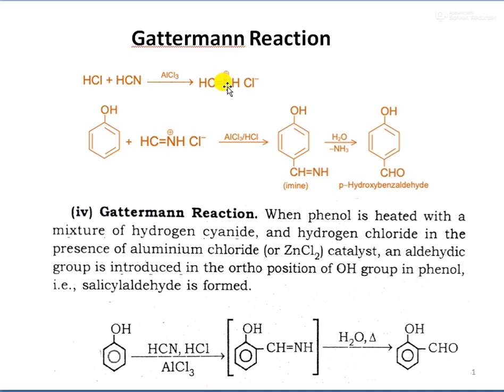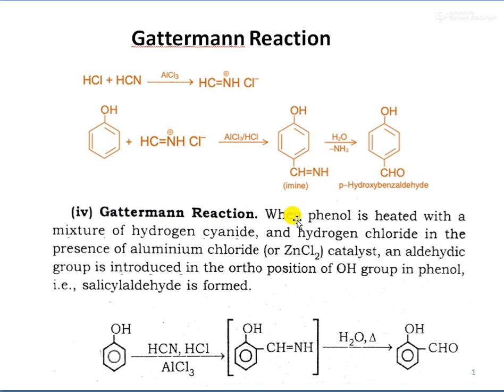Here nitrogen has a positive charge, and this positive charge will shift to the carbon when this bond is shifted to nitrogen. So this carbon part will come and attack the phenol ring. That is why we get an imine. The attack can occur either at the ortho position or at the para position. This is the structure of the imine. And when this imine is hydrolyzed, the ammonia molecule is lost, and in this place a CHO functional group is formed.